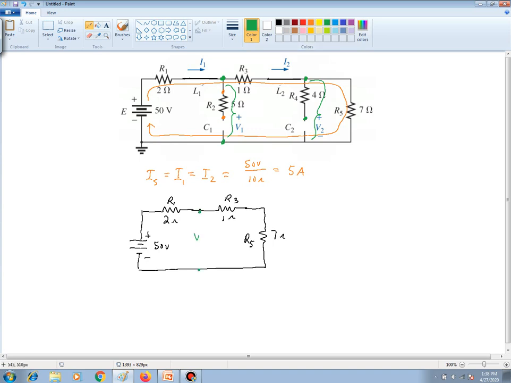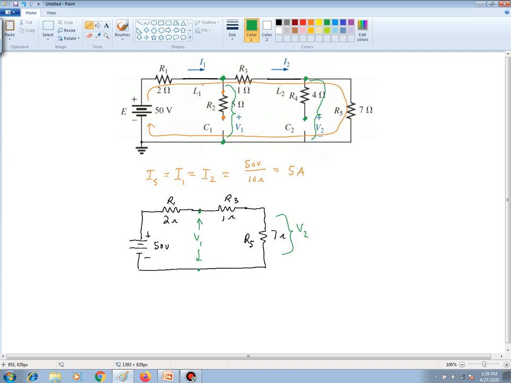So V1 is from there to there. And then V2 is really the voltage across R5, which is 7 ohms. When you look at the circuit, it's really just a series circuit, and we've done these lots of times before. So really what it comes down to is solving the voltage divider problem for each one of these.